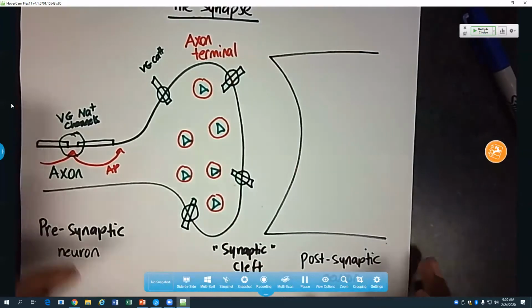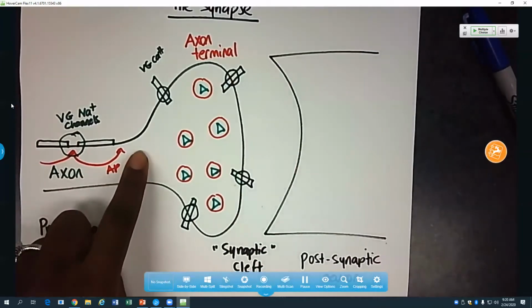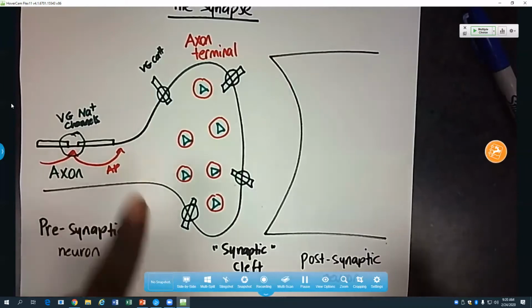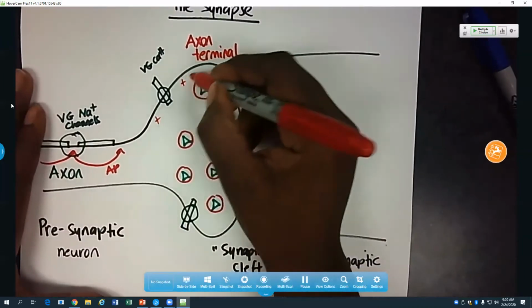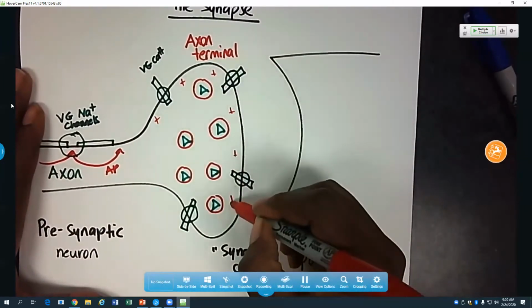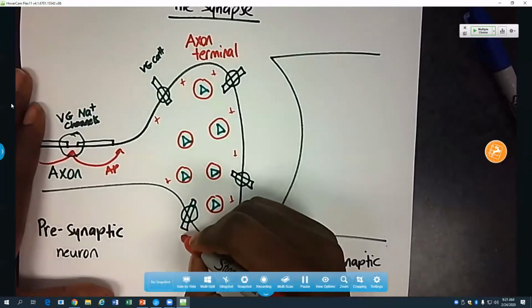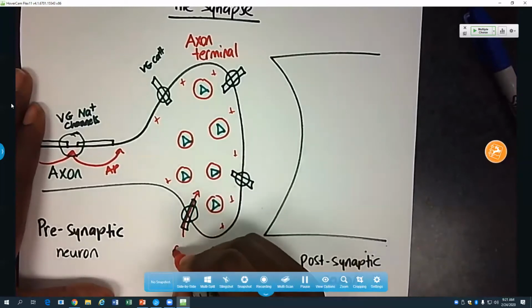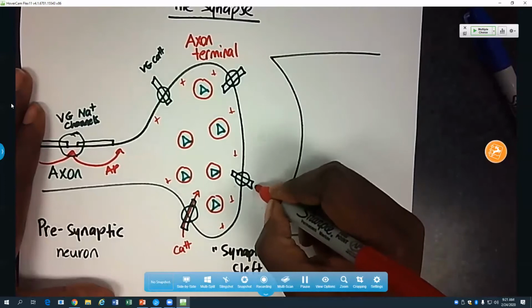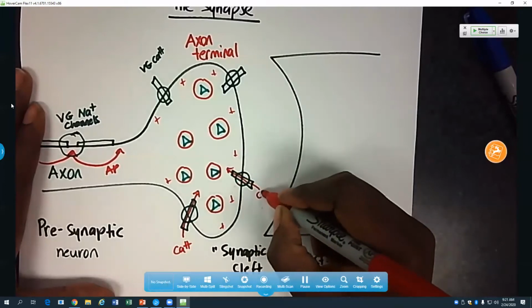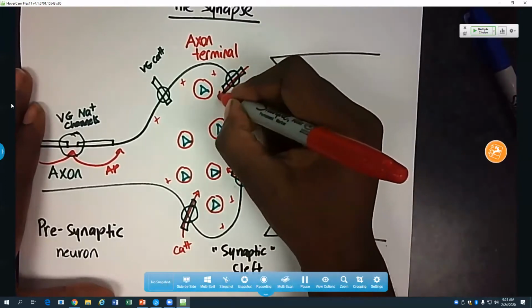Okay. And so when the action potential gets to the axon terminal, we basically depolarize the axon terminal, and that triggers the opening up of these voltage-gated calcium channels, and calcium rushes into this axon terminal. So we've got calcium rushing in here, calcium rushing in.